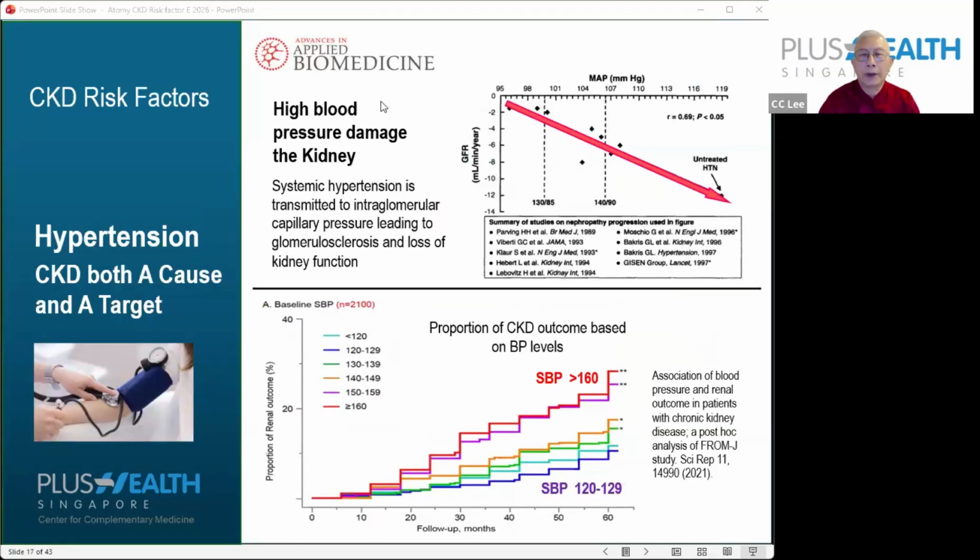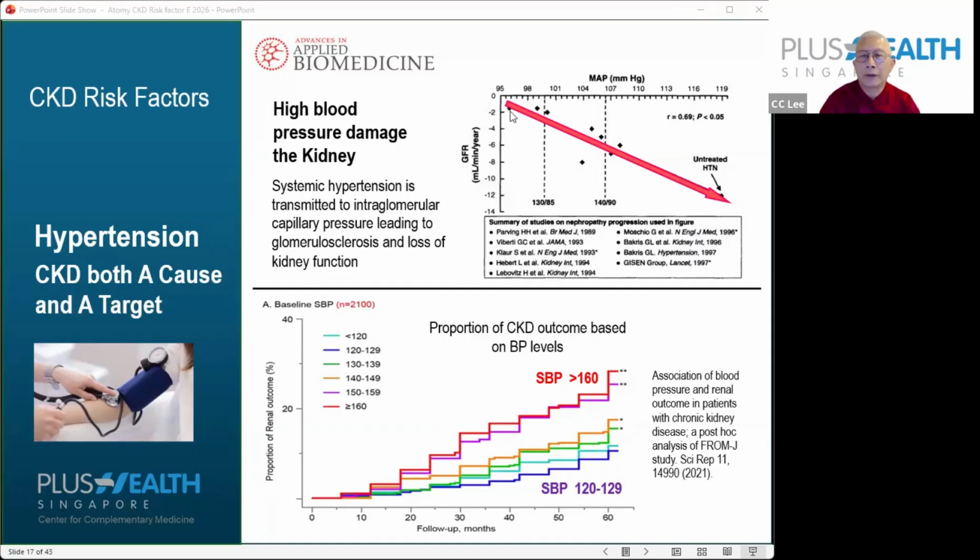So you can see from here, this chart also shows how high blood pressure damages the kidney. In here, this axis is the mean arterial pressure, which is your mean blood pressure, right? As the blood pressure increases, your kidney function, which is measured by the eGFR, drops, right?